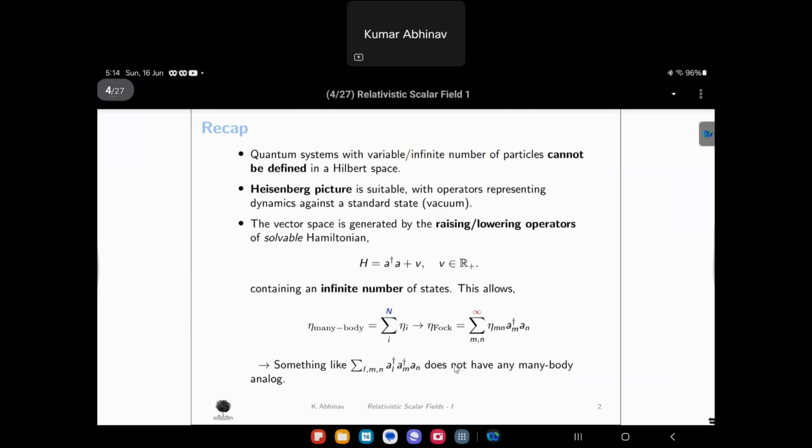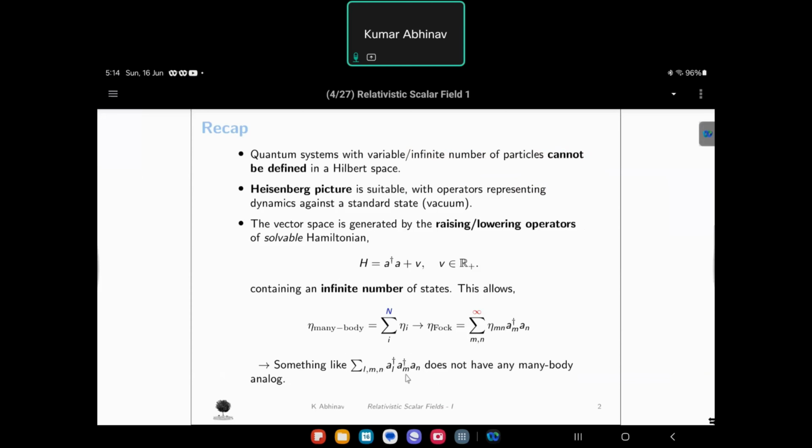Now, because you have these creation and annihilation operators, you can combine them in any arbitrary way. And if that combination does not follow the A dagger A kind of structure, there is no analog of that structure in the many body space.